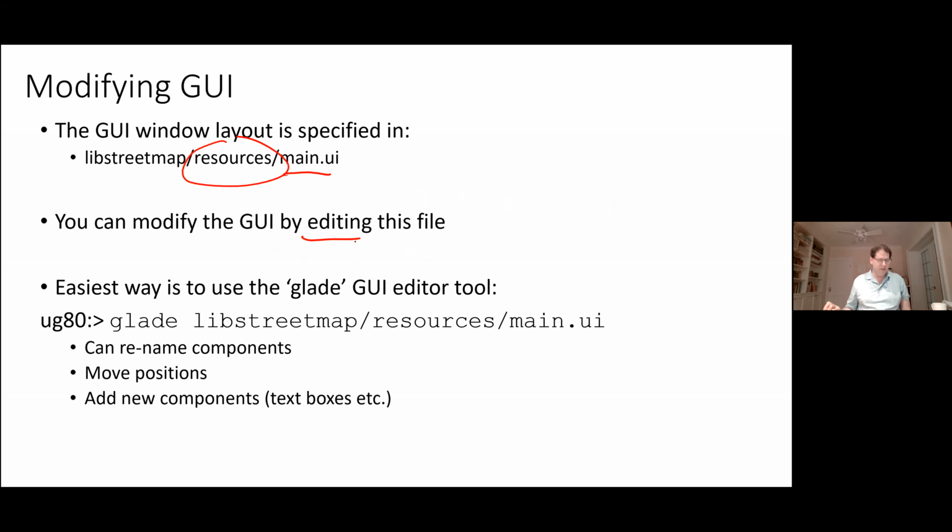You could just go in and change it, but it's a lot easier to use the Glade tool, which is a graphical user interface layout editing tool. To do that, you just type the name Glade and the path to this main.ui. So you can change where things are. You can rename components. You can add new components.